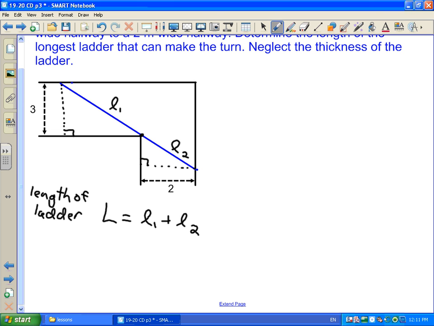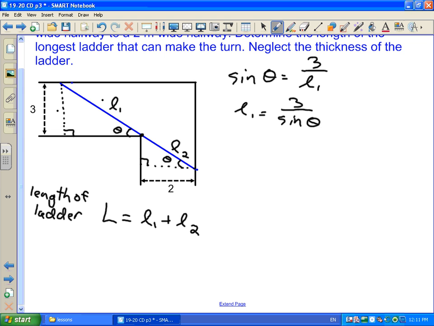I want to express the lengths L1 and L2 in terms of an angle. I'm going to choose this angle in here because I know this angle is going to be the same in my two triangles. We'll call that theta. Looking at the top triangle, sine theta, which is opposite over hypotenuse, is going to be 3 over L1. So L1 is going to be 3 over sine theta.